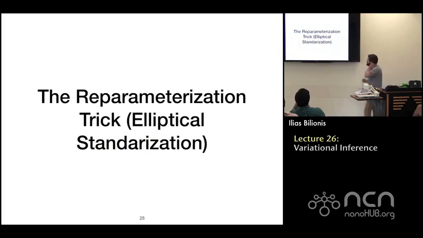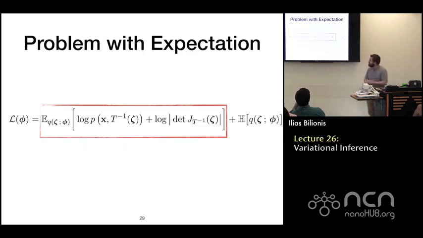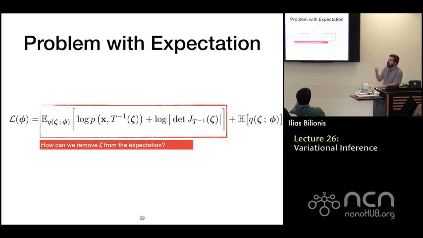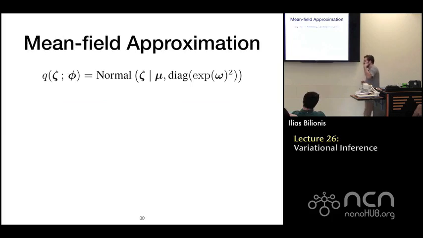Alright, so the reparametrization trick, otherwise known as elliptical standardization, works as follows. So our problem is here. Our problem is that we want to take derivatives with respect to phi, but we can't just put them inside the expectation. We're going to have to worry about that guy. So we want to remove zeta from the expectation, and here's how we do it. It is specific to the class of distributions that you want to use to approximate the posterior. So if you use the mean field approximation, that's how you approximate the posterior, it's going to be a normal.